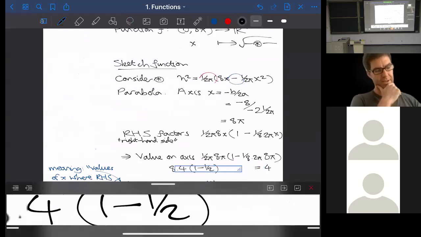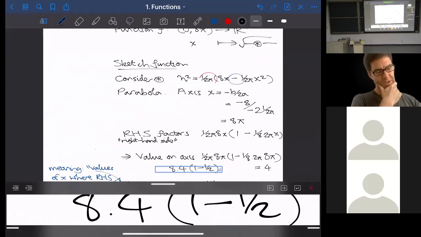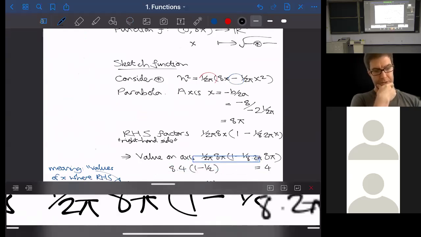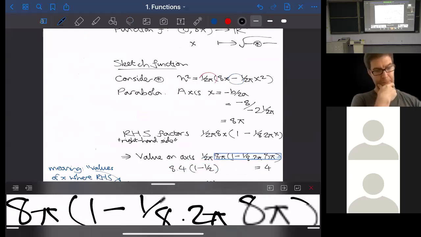Okay, let's check through. So the value on the x-axis was given by substituting 8 pi.